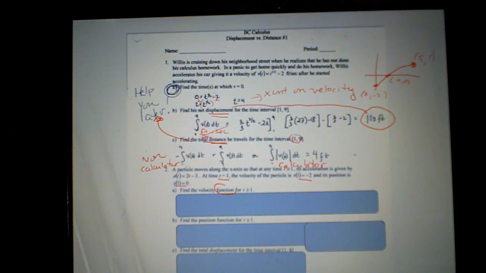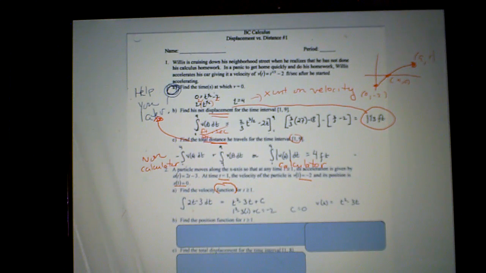So unlike the Willis problem, they're asking me not for a number but for a function. So I anti-differentiated plus c, plugged in my initial condition, and ended up with my velocity function because c ended up to be 0.